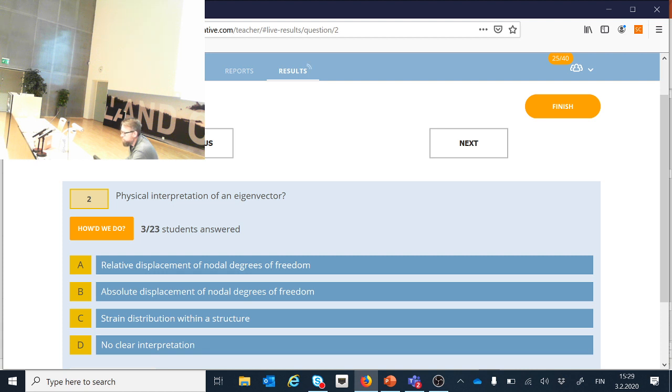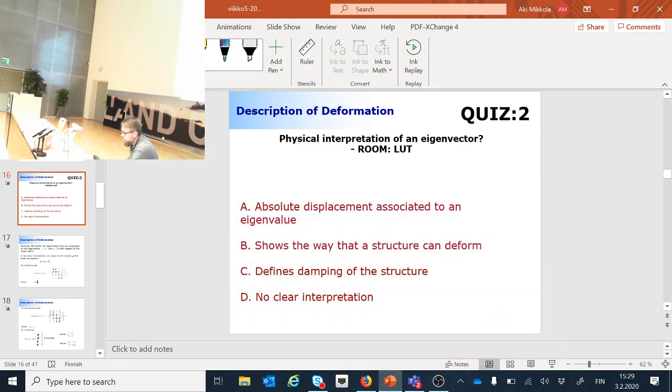Strain distribution is useless. C is incorrect either way. That leaves only three choices to select. So now the choices are absolute displacement associated with eigenvalue, okay? Or the way the structure can deform.